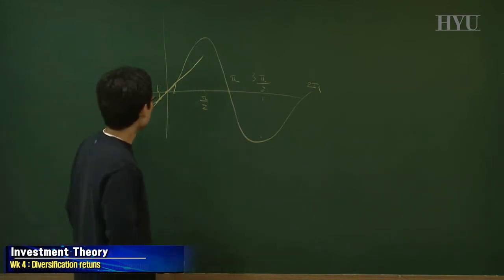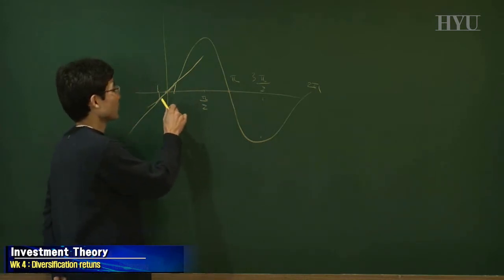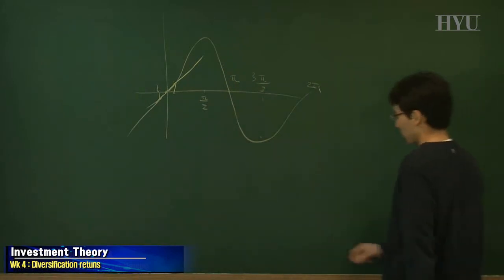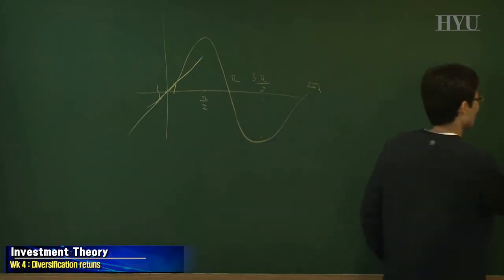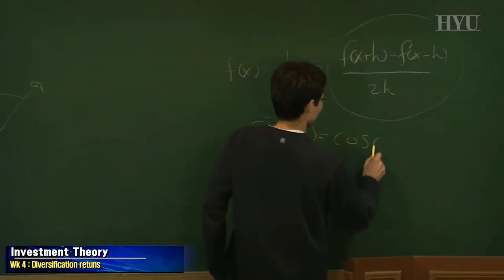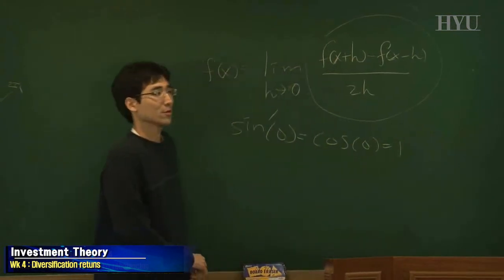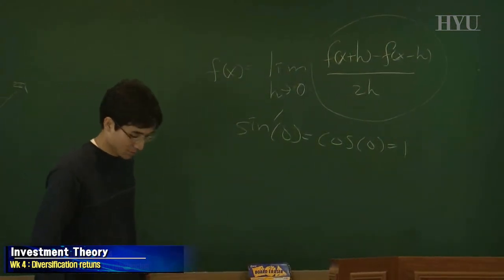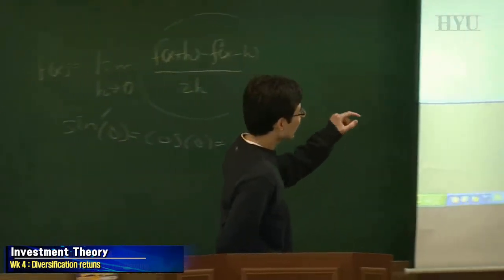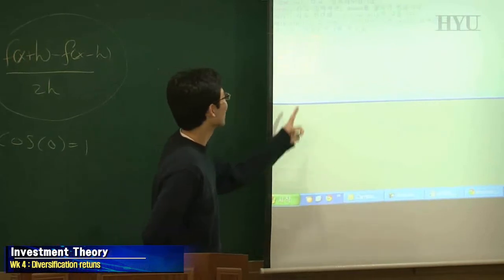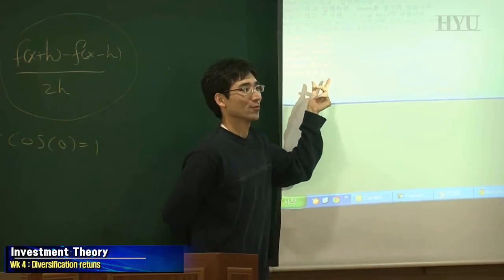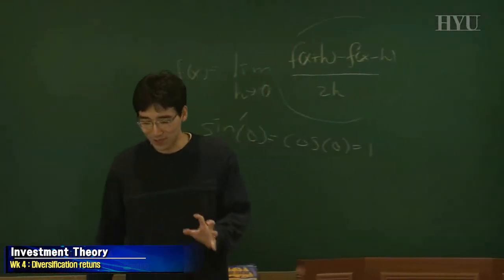And we all know that the slope at this point should be 1, because the derivative of sine at 0 is cosine 0, which is 1. But as you can see, our numerical answer is not exactly 1. It is close to 1, but not exactly, because h should be close to 0 but it is 0.1, so it is only an approximated value.